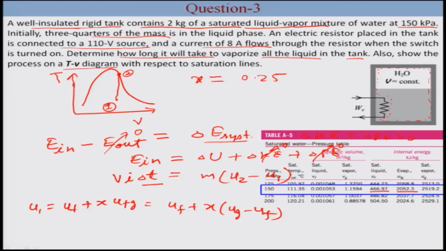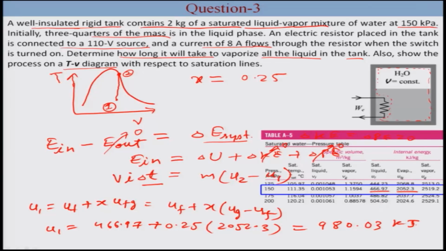Ufg is this one. So U1 will be 466.97 plus quality, which is given as 0.25, into Ufg, which is 2052.3. So this gives us 980.03 kilojoule per kg.